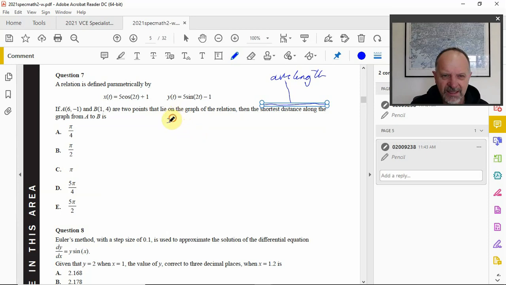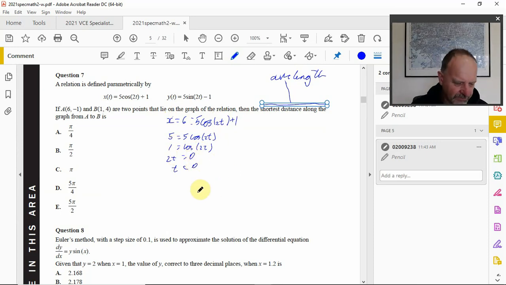When x is 6, which is 5 cos 2t plus 1. Rearranging, 5 is 5 cos 2t, so 1 is cos 2t. So 2t is 0, and so we can say t is 0.